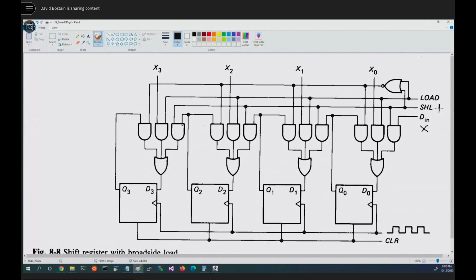The question at hand is, if I say load as a 1, do I have a problem? Is it going to load or is it going to shift?